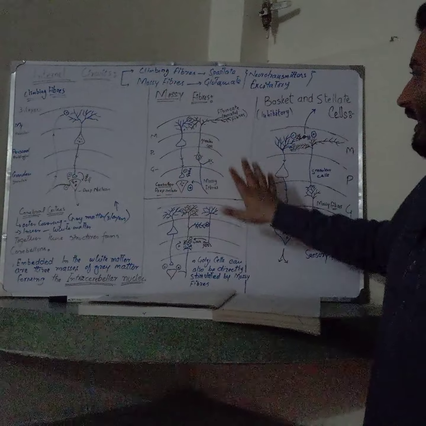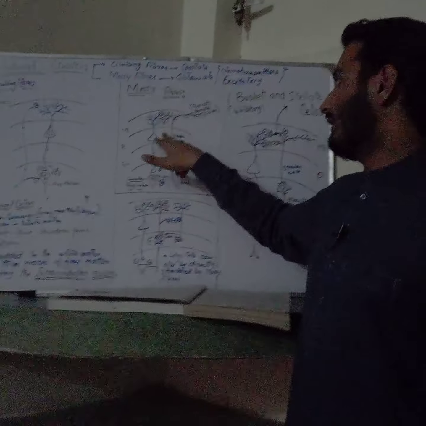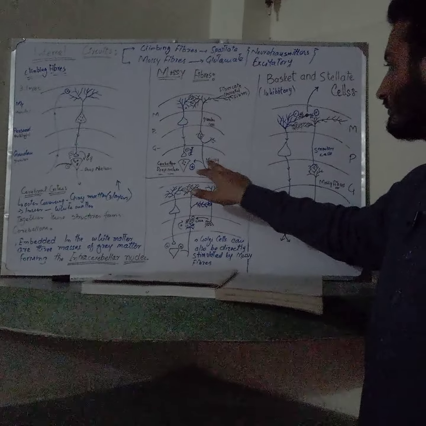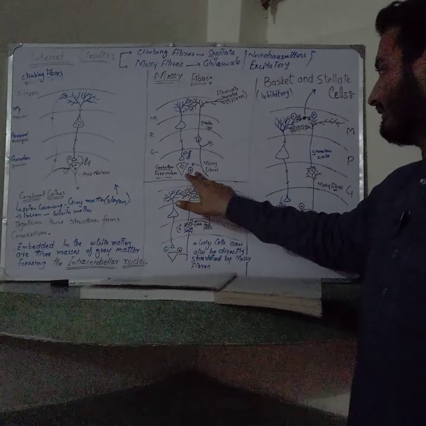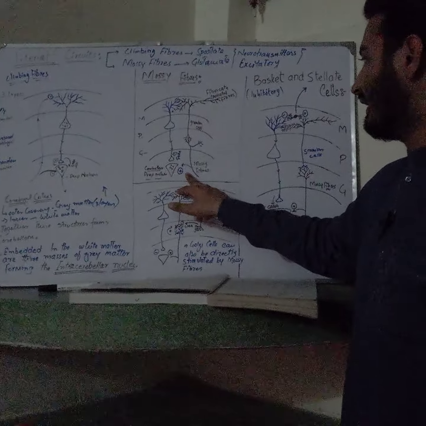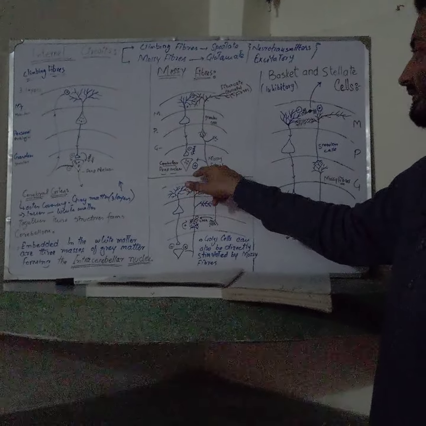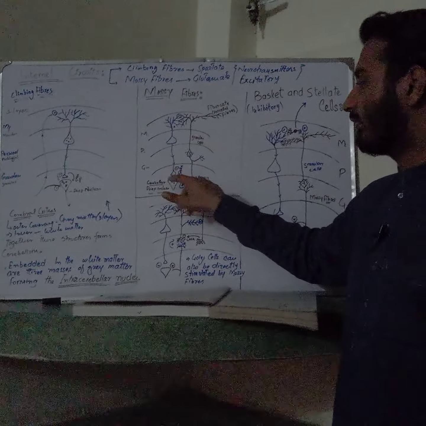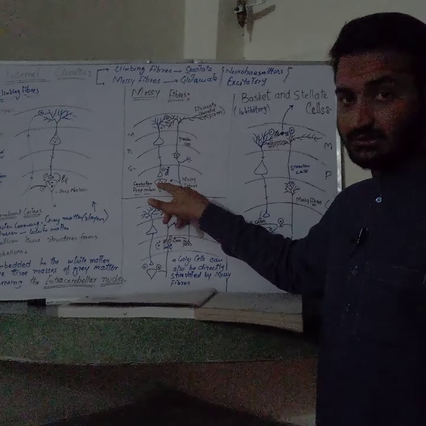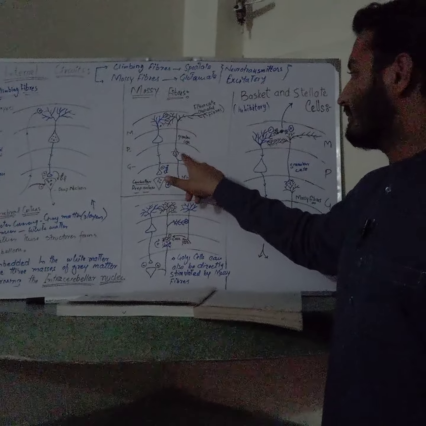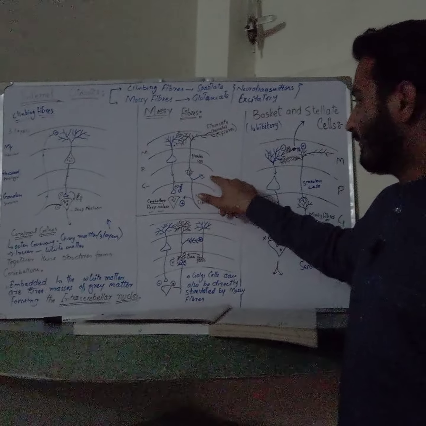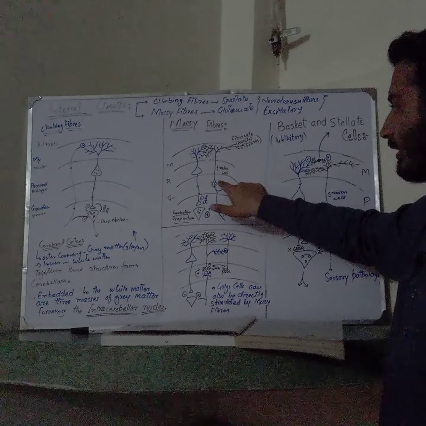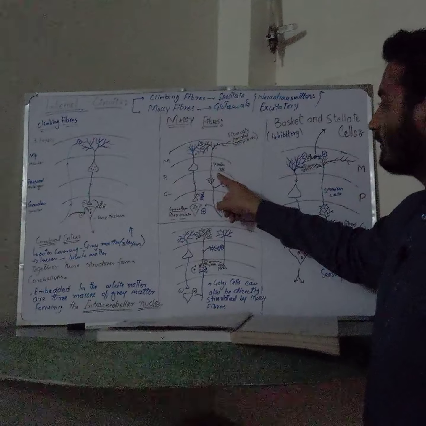A mossy fiber can be any of them, but how is it stimulated and how does it release GABA? It's the same case as here. When mossy fibers are moving up, they release glutamate, because their excitatory neurotransmitter is glutamate, and they stimulate the deep nucleus for giving the output response. As they reach the granular layer, they do not move up to the molecular layer like climbing fibers. In the granular layer they stimulate the granule cells.